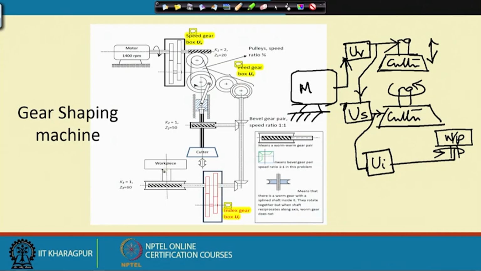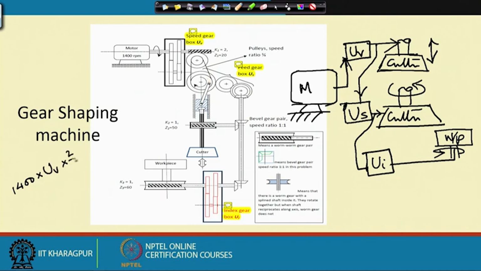Now, suppose I set some problems for you. What should be this speed gearbox so that the cutter has 98 strokes per minute? So, I will start from the motor once again, and I will write 1400 multiplied by UV multiplied by, there is a worm gear there.